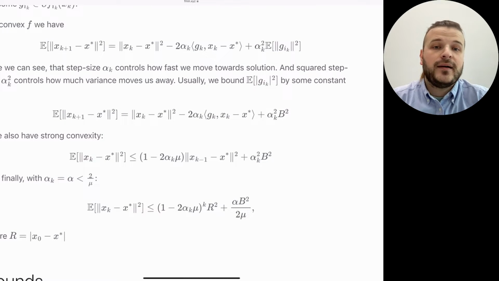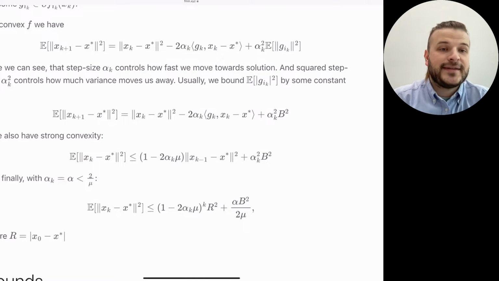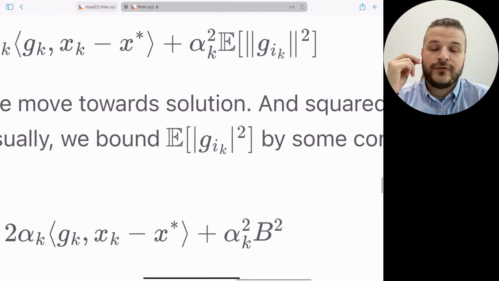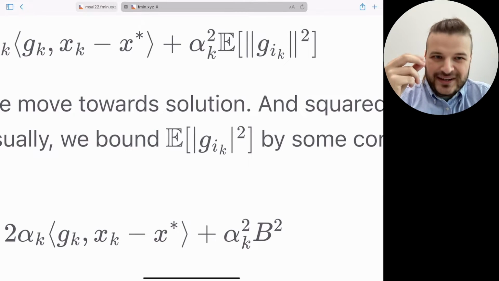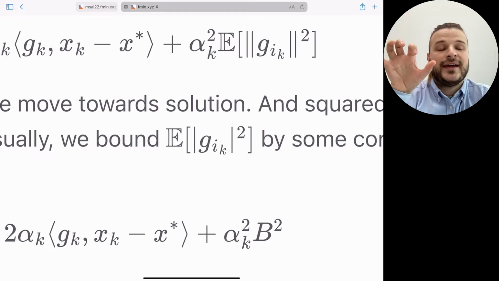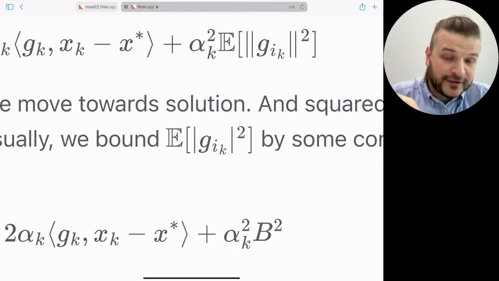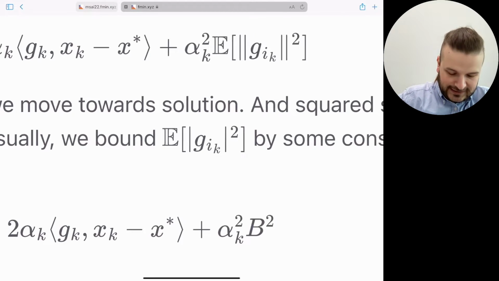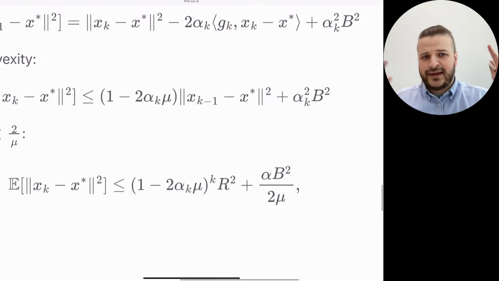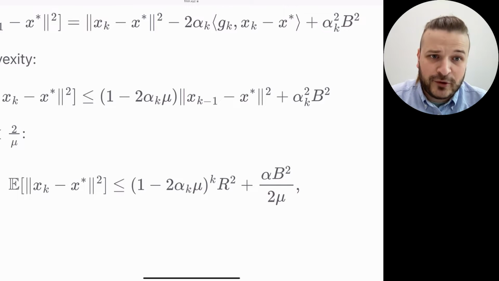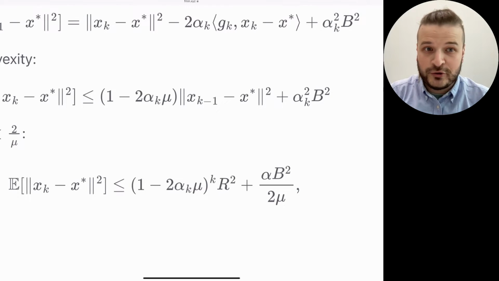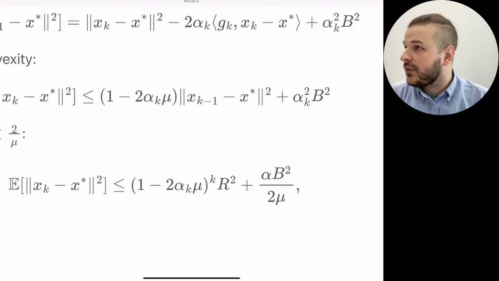I mean the squared gradient norm: the maximum value of the expected squared absolute value of the gradient is B squared. So, to be short, it's just the level of the gradient, some constant B.